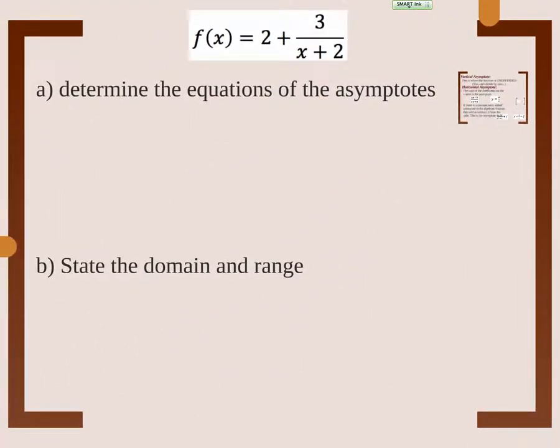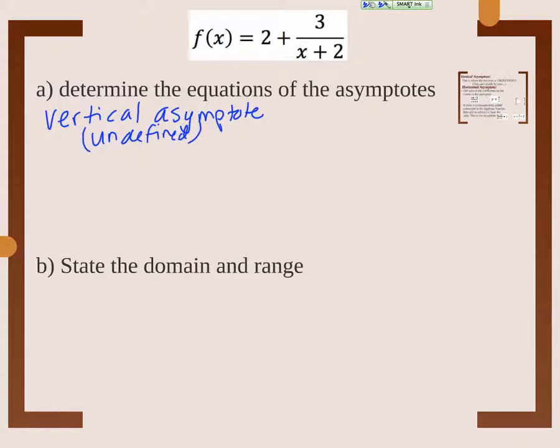So starting with the asymptotes, let's go ahead and start with the vertical asymptote because that's what we're most familiar with. So remember, the vertical asymptote is when your function is undefined. So that means that I know that x plus 2 cannot equal 0.